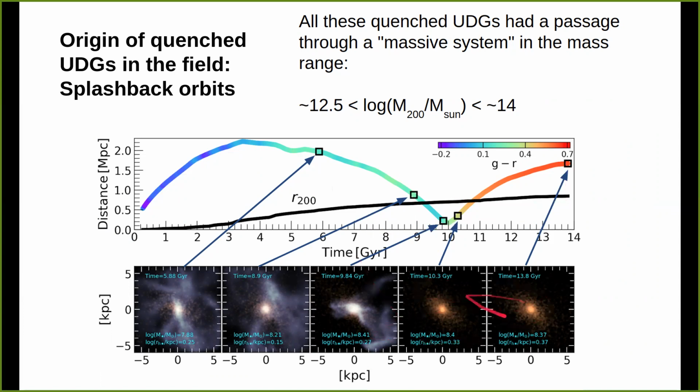And in the bottom row, we can see that the old gas content has been removed from the dwarf during the close pericenter passage. And finally, this appeared like an isolated and red galaxy in the field.